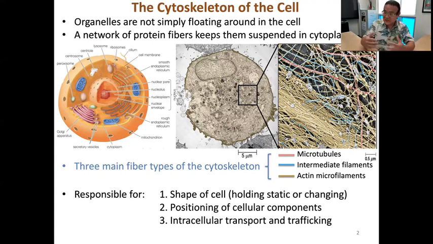So the cytoskeleton can also be very dynamic and contribute to the intentional changing of the cell shape. Also, they are responsible for number 2, positioning of cellular components inside. That's what we just talked about. And number 3, also something that we just mentioned, is that these cytoskeletal fibers are very important for intracellular transport and trafficking.